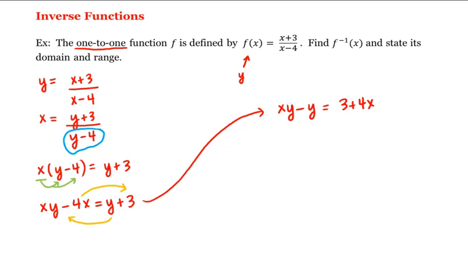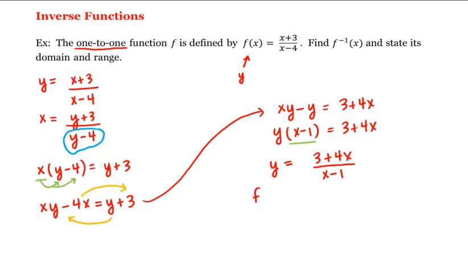And now on the left-hand side, we can factor out a y. And if we divide both sides of the equation by this x - 1, we will have solved for y. So y is equal to (3 + 4x) divided by (x - 1).